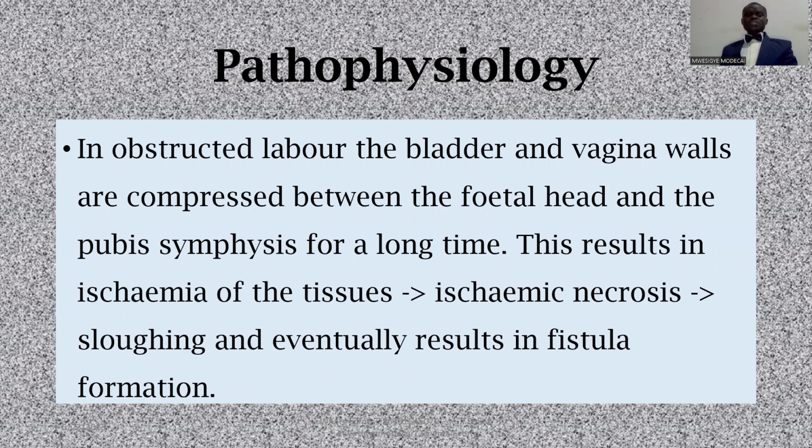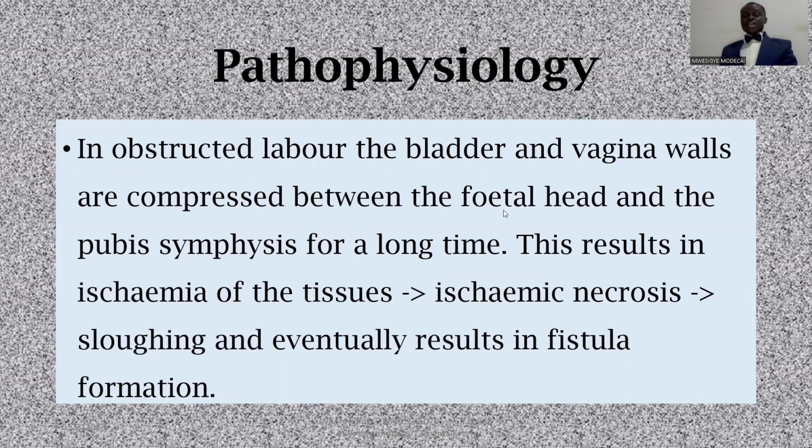This is common in people who get obstructed labor. In obstructed labor, the bladder and the vaginal walls are compressed between the fetal head and the pubic symphysis for a long time. If a mother has a prolonged labor, the bladder and the vaginal walls are compressed by the presenting part.